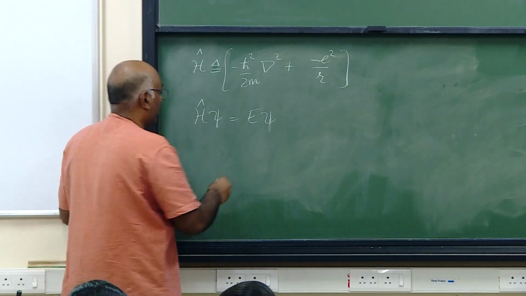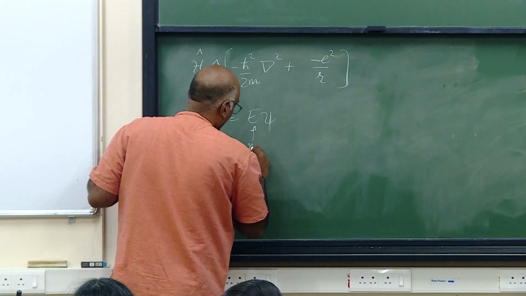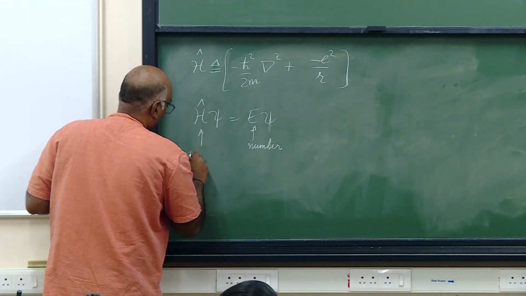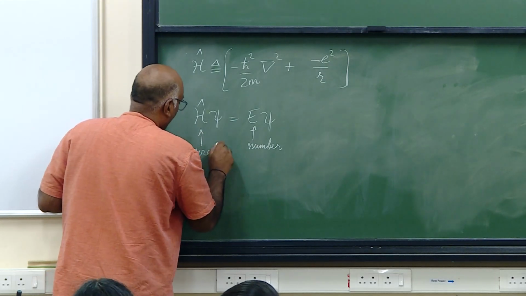E is basically a number, and this is what we call an operator.